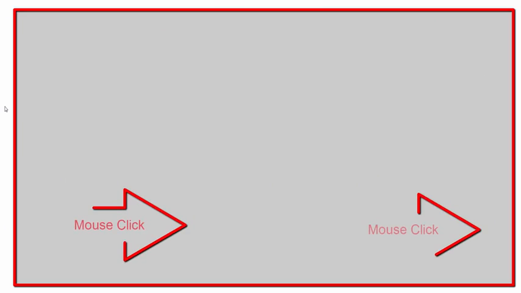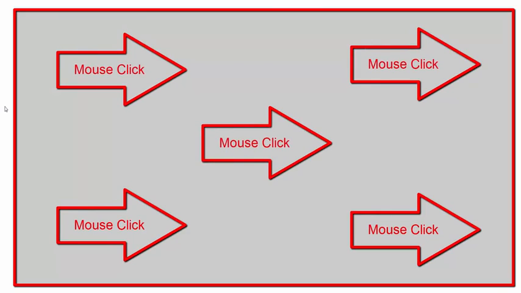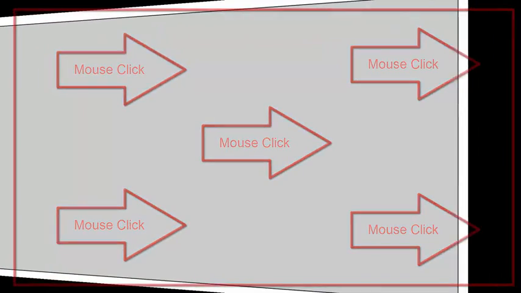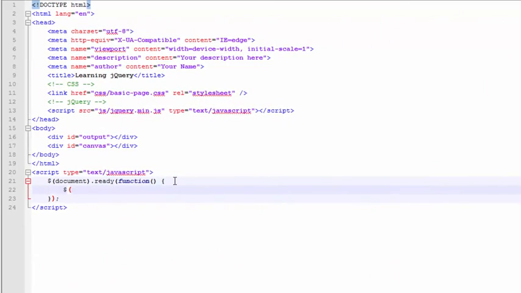Okay, so now what we want to do is rig up the behavior so that when the area inside this canvas is clicked anywhere inside of the border, it'll capture that click event. To do so, we'll use an ID selector on the canvas tag, and we'll simply capture the click event.